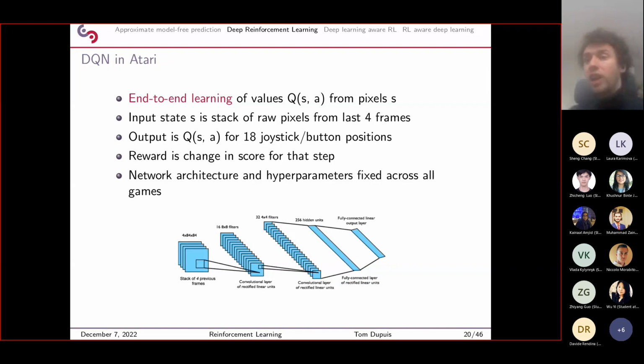Well, in practice, the number of locations is infinite. I mean, you can place your house wherever you want. It's continuous, and the number of sizes also. You are not going to discretize between 0 and, I don't know, 200 square meters. So that's a very basic deep learning problem. You want a neural network to approximate this big table and take as input size and location, and output a value. And here it is the same. It's because we cannot count the states anymore. So we have a neural network that takes as input states and actions and outputs a value.